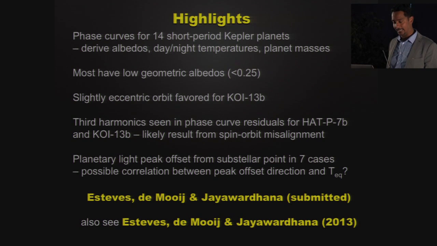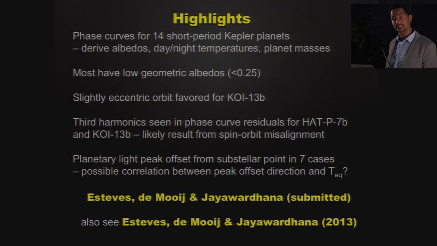But of the 14 planets, we've now reported a large increase in the population of Kepler planets with phase curves, and therefore we report albedos, day-night temperatures, and planet masses for these. Most, as I said, have low geometric albedos. In only one case do we see a preference for a slightly eccentric orbit.